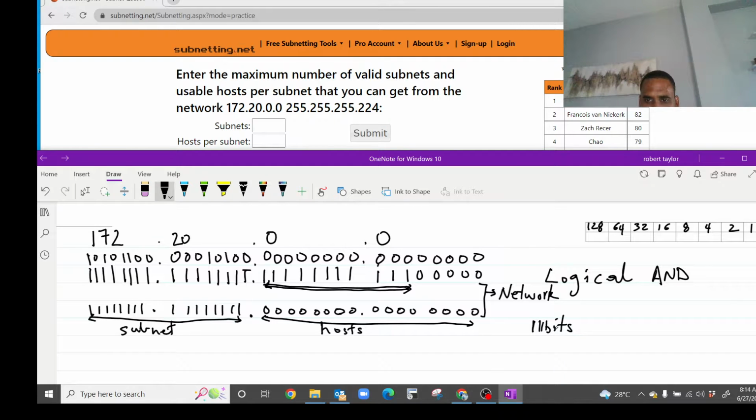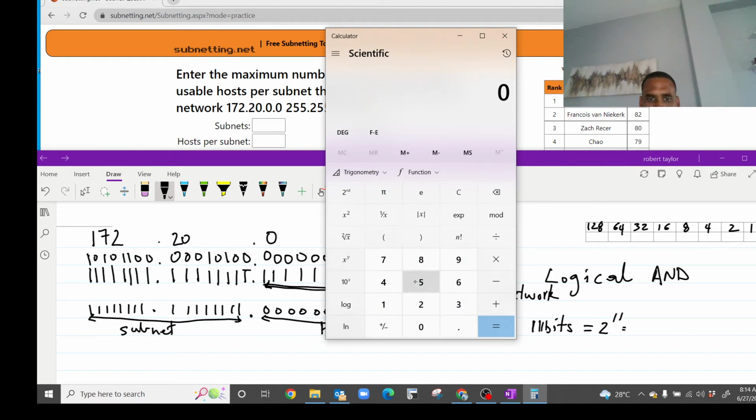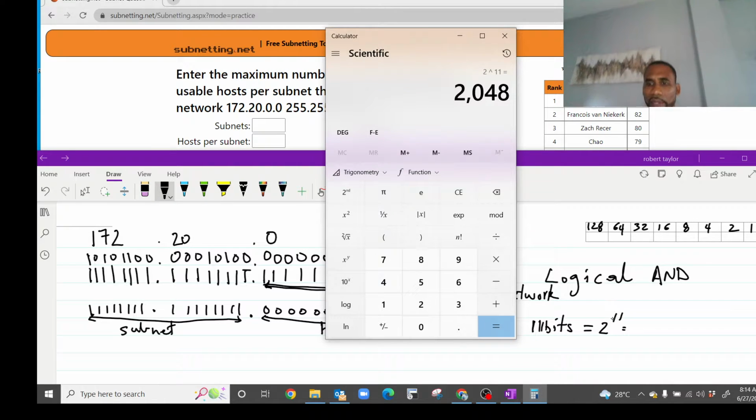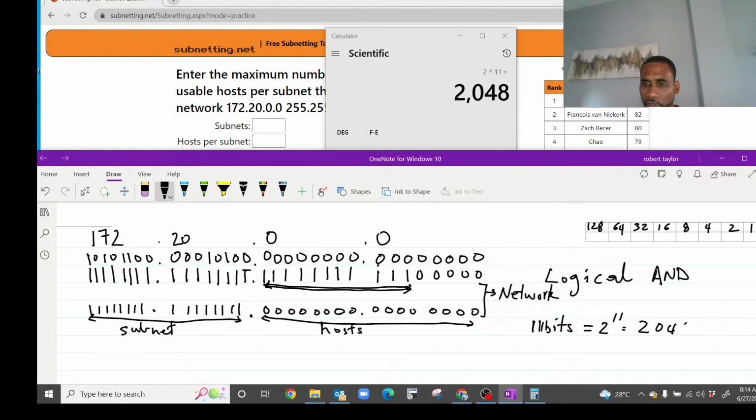Now, how many subnets would that give us? The easiest way is to say 2 raised to the 11 gives us the number of subnets. I can't be bothered to work that out, so I'm going to use the calculator. So 2 raised to the 11 is 2,048 subnets. You see that? 2,048 subnets is what we can get if we use 11 bits.